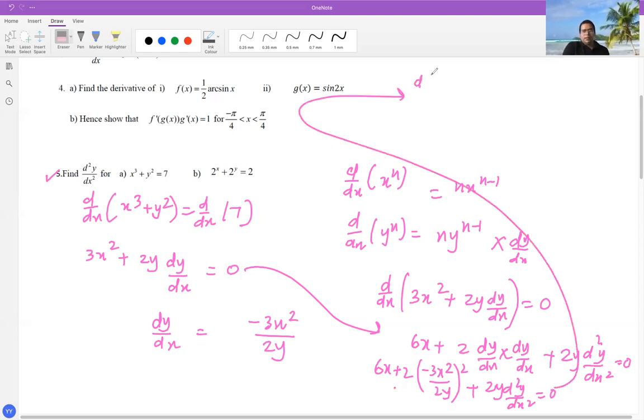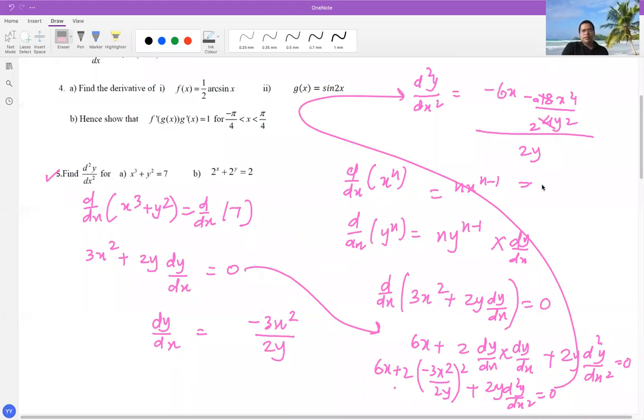So when I do that, I'll get d squared y by dx squared equals negative 6x, minus 18x to the power 4 over 4y squared, upon 2y. And of course, if you simplify this, you can simplify it as 2y squared, and here it will become negative 9.